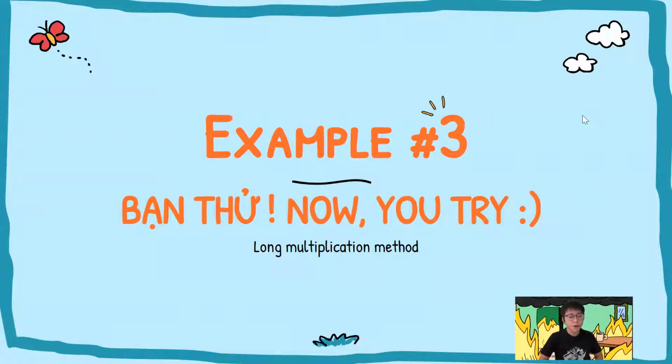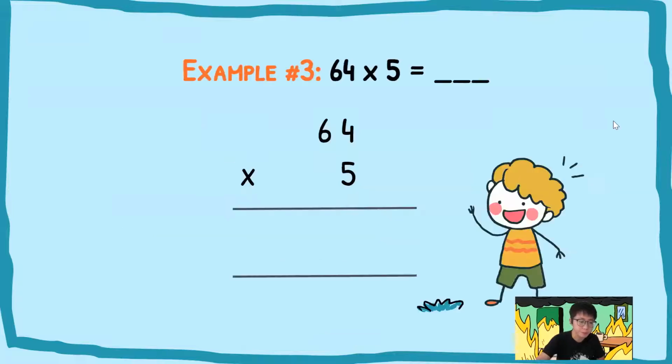The third example, I want you to try this with me using the long multiplication method. 64 times 5. Okay. So what do we do first? Sorry. We multiply 4 by 5.